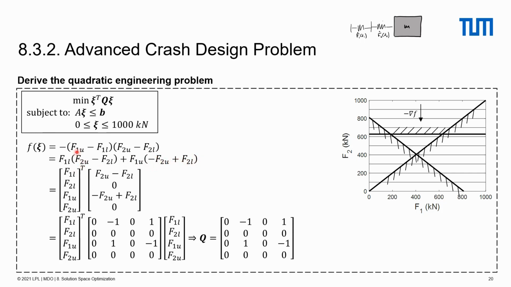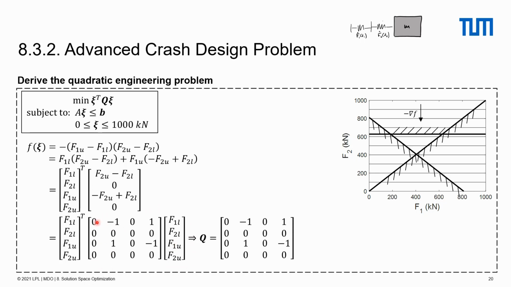And this we can write in matrix form. It is the vector F1L, F2L, F1U, F2U times the matrix with entries F2U minus F2L and 0, then minus F2U plus F2L, then 0. And the vector on the right side, we can again expand to a matrix times a vector.